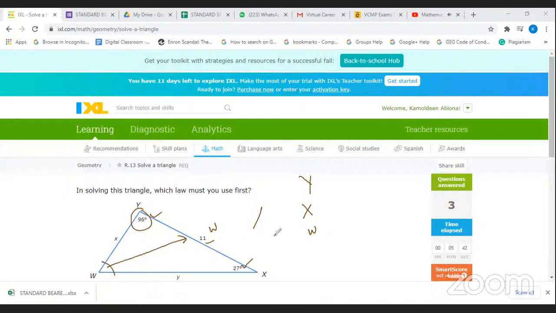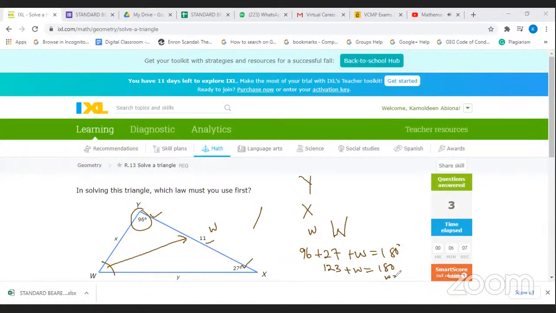So once you get this, it means they have given you big W. Indirectly, they have given us big W. So 96 plus 27 plus W must give us 180 degrees. 96 plus that will be 123, plus W equals 180.